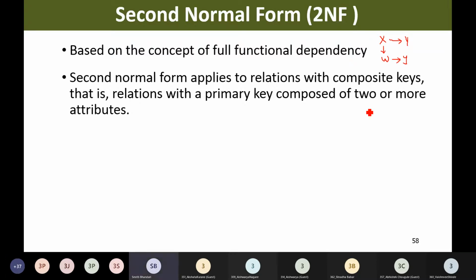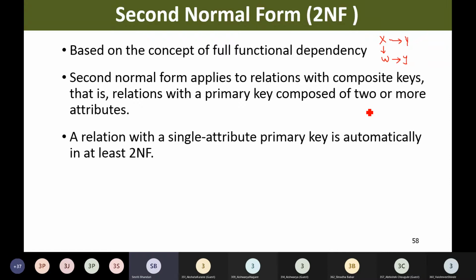And that proper subset may also determine the right hand side of the functional dependency, or a few attributes of the relation. So second normal form applies to relations with composite keys, or relations with a primary key that comprises two or more attributes.